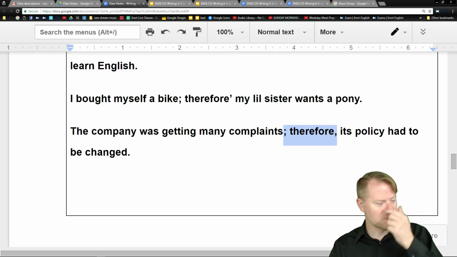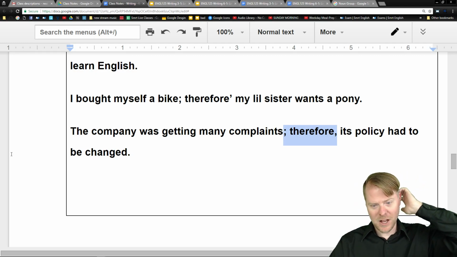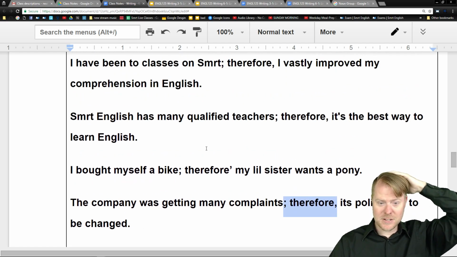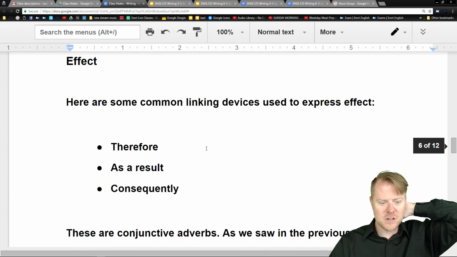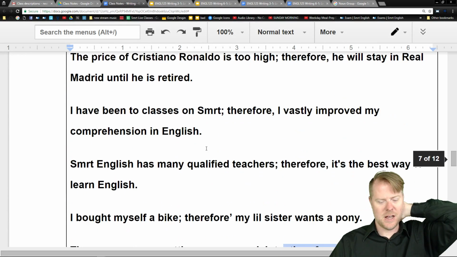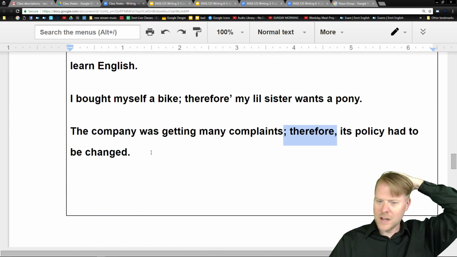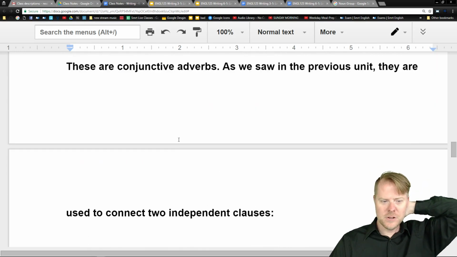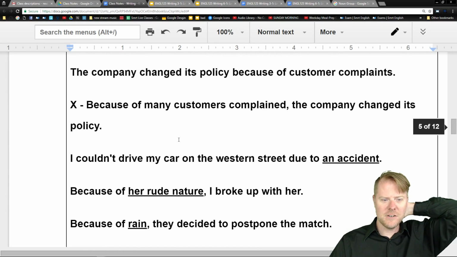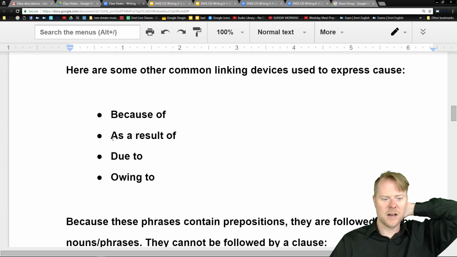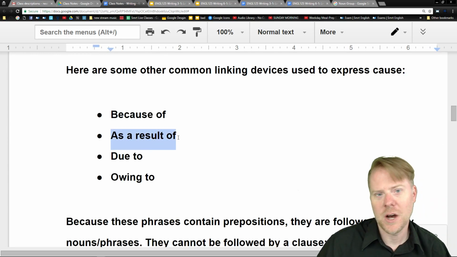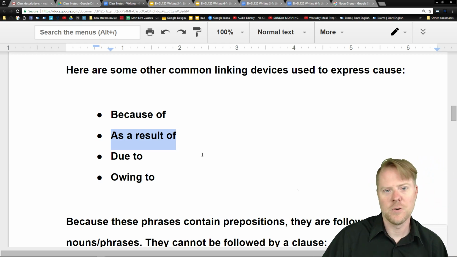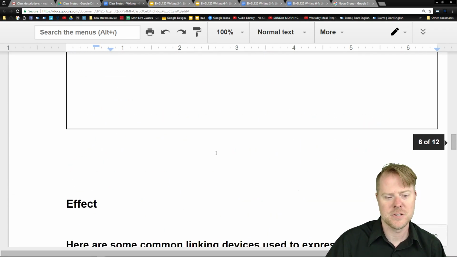Can we use as a result at the beginning of a clause? Yes, we could use, oh, I see, as a result at the beginning. No, we could use as a result of, is that one of ours? Yeah, you can use as a result of, but it'll show cause and you can only follow with a noun phrase.